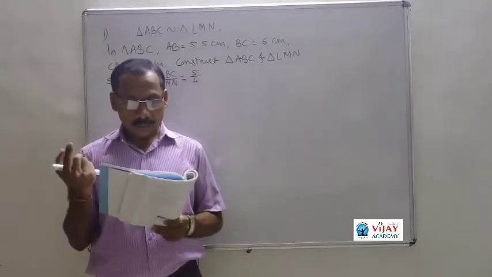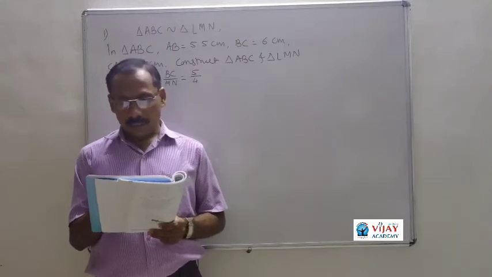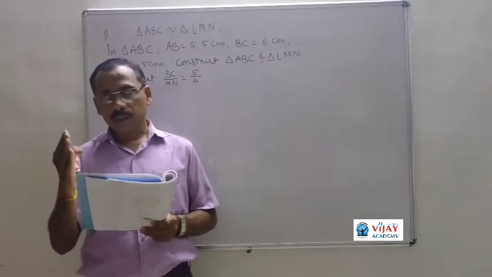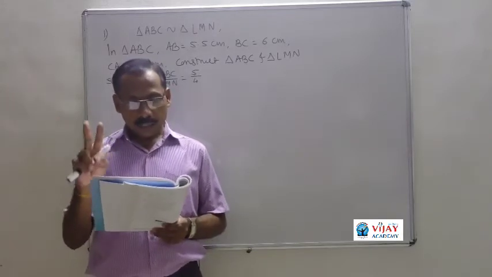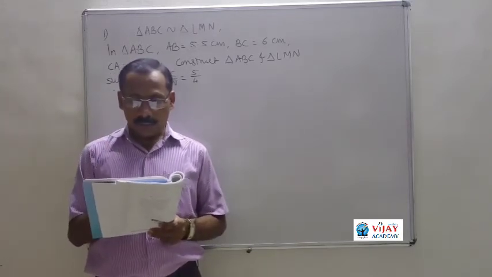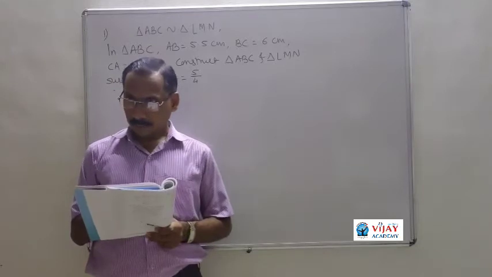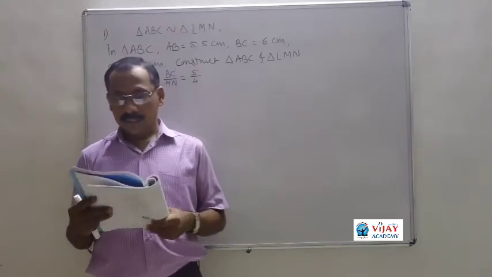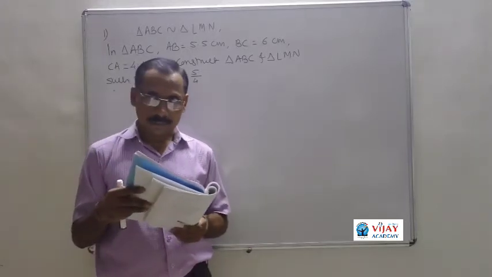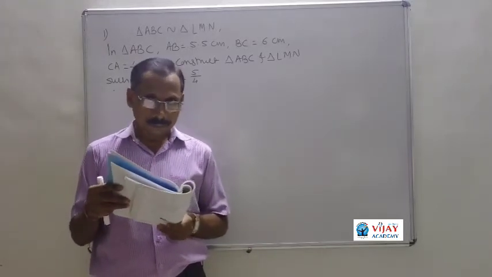Actually there are two types. First, when the vertices are distinct, that is, all three vertices are different in both triangles. The second is when one vertex is common. First we focus on when the vertices are distinct.